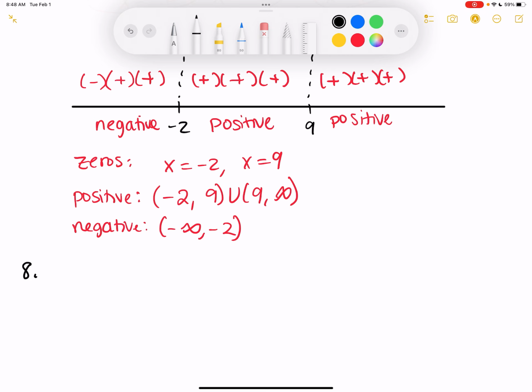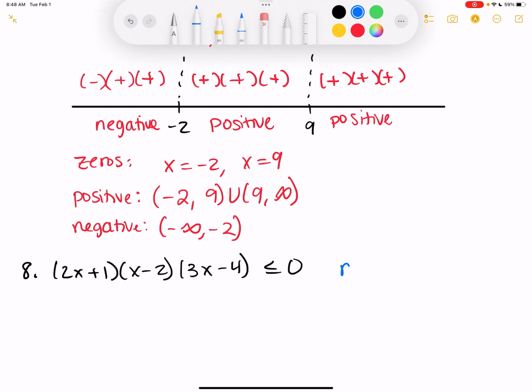So starting with 8, 2x plus 1 times x minus 2 times 3x minus 4 is less than or equal to 0. With it being less than or equal to, what values do I need?